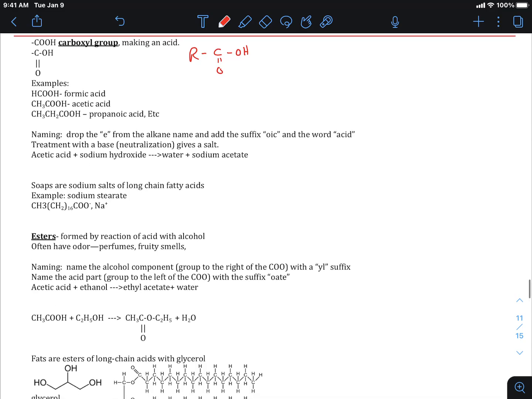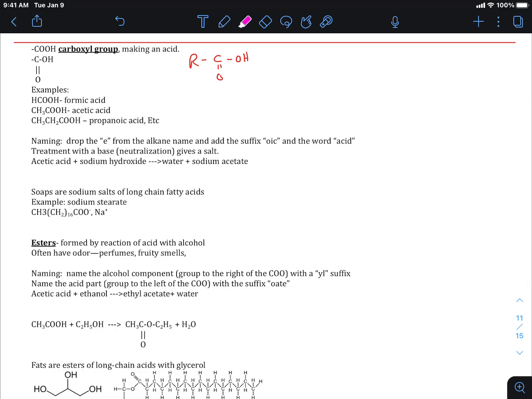So carboxyl groups are responsible for something to become an acid. This is where your organic acids come from. So the reason why this is an acid is because in a carboxyl group, you have this oxygen right here, and this oxygen here.